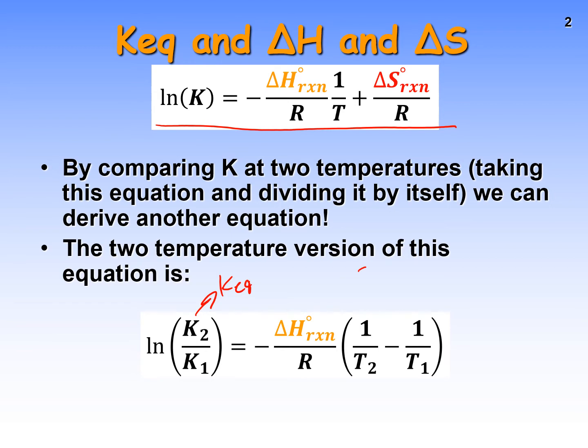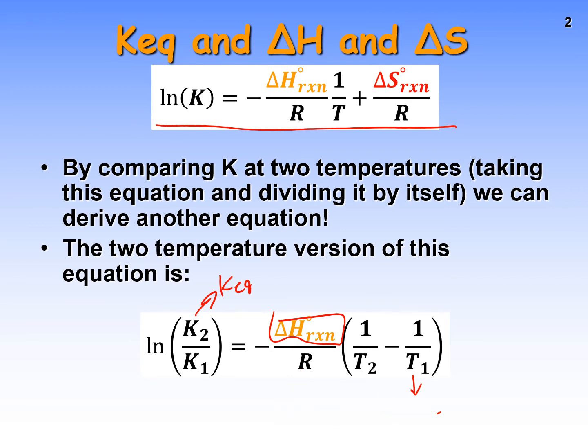Our equilibrium constants, here's our delta H of the reaction, right? And these are our temperatures 1 and 2. And R is 8.314. Cool.